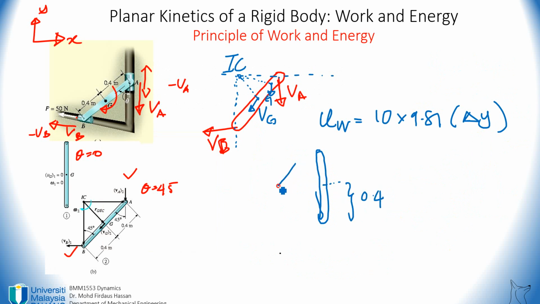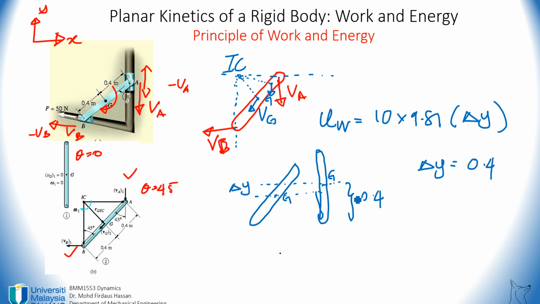And when it displaces to 45 degrees, this is the new position of G. This is when theta is 0, and this one is when theta is 45 degrees. So you have to know the distance between these two, delta y. So from this figure we can say delta y is equal to what?